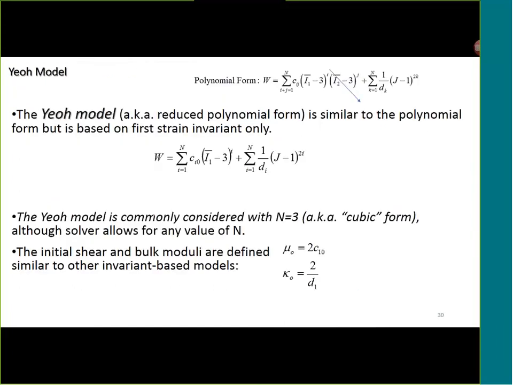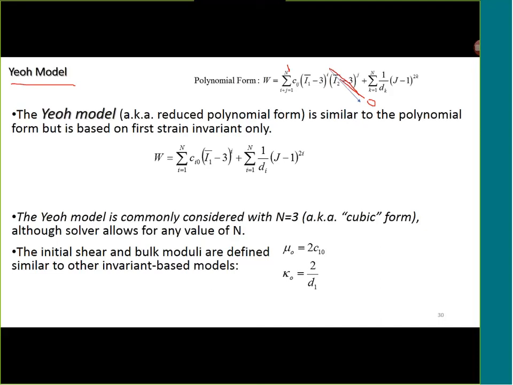Next, the Yeoh model. The Yeoh model is another form of the reduced polynomial model. If you have a polynomial order of 1 and we make the second invariant term 0, then we get the Yeoh polynomial here. We are just making this term 0 so that it becomes simple.